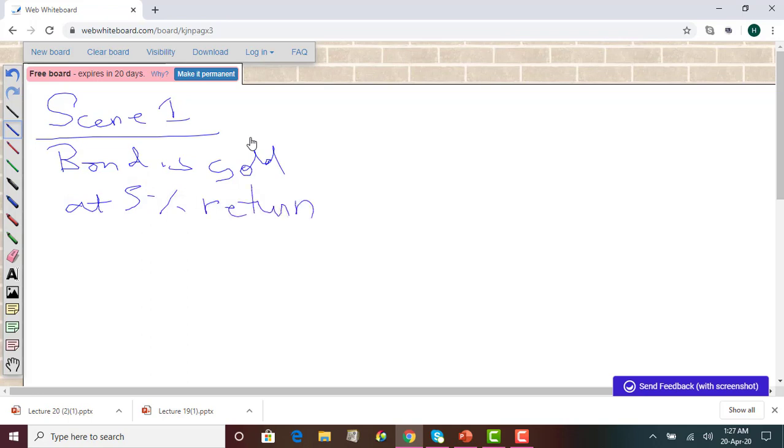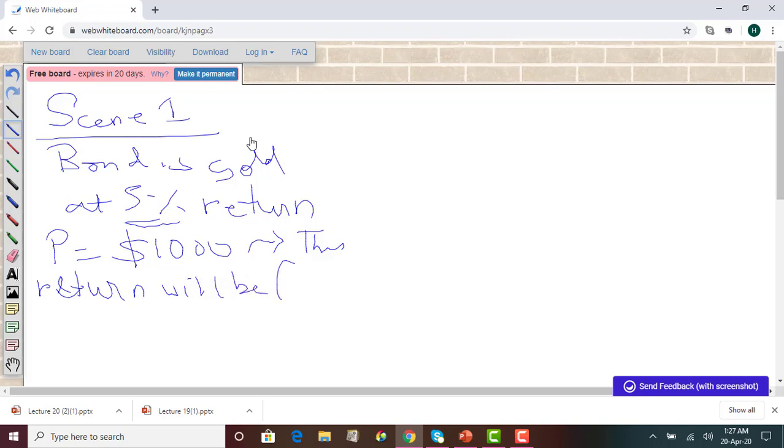So the person who's buying the bond will get a 5% return, and the price of the bond in this case is $1,000. Now let's say this 5% return will be fixed for 10 years. So for 10 years you will keep on earning 5% on the bond. So that's given to you.